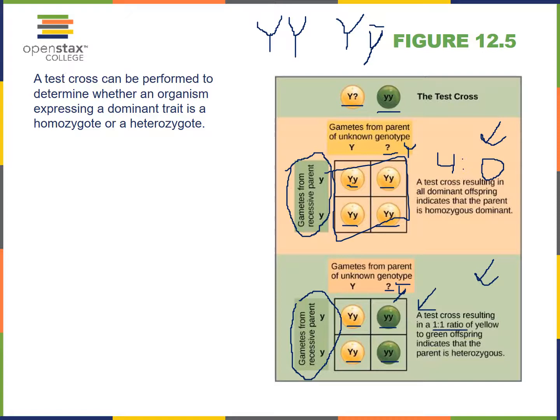The way you do that is you cross it with the recessive phenotype, in this instance green seeded plants, and then you look at the ratio of the offspring. If it's 100% dominant phenotype, then you know you had a homozygous dominant parent. If it's a 1-to-1 ratio in the offspring, then you know you had a heterozygote parent. So that's the test cross.